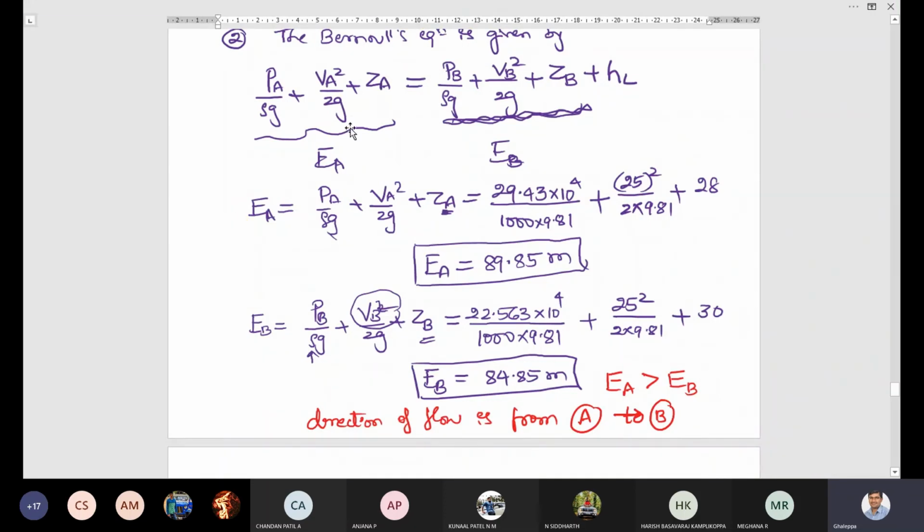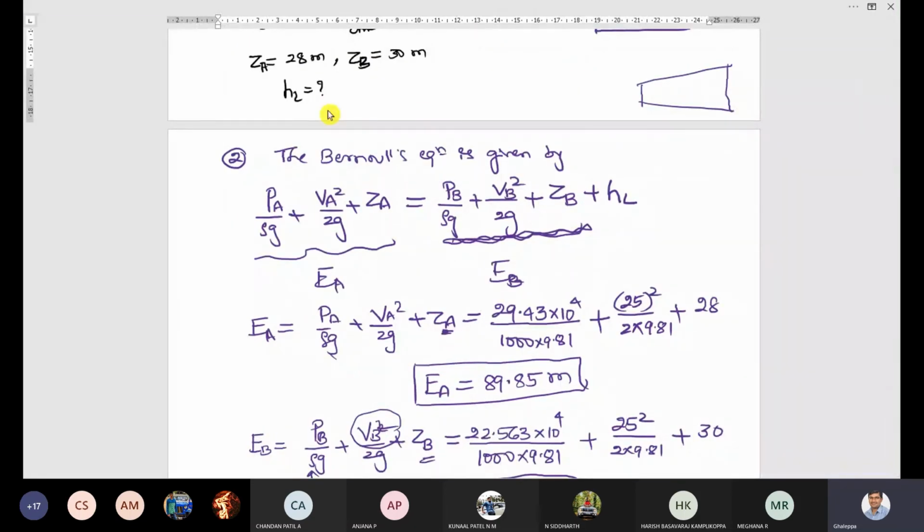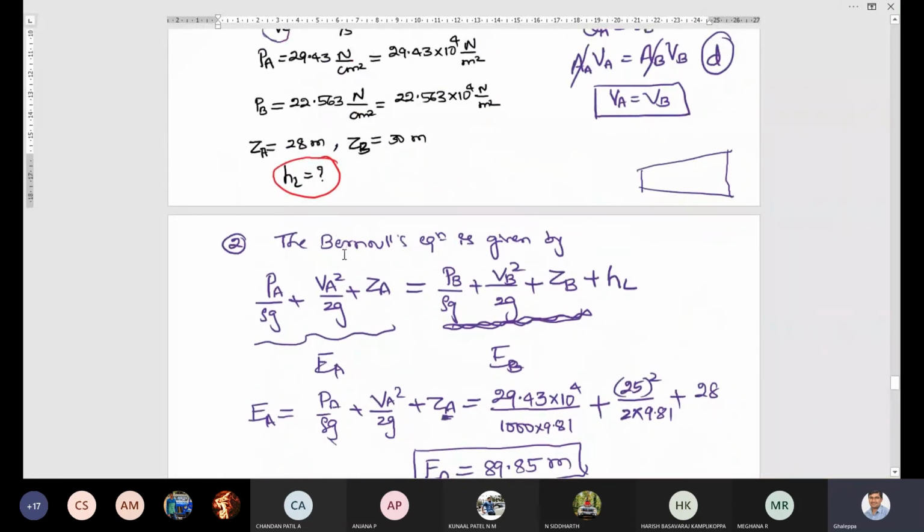Now what he has asked is head loss. This is the unknown term we need to find out. Dear students, EB is the energy at point B, and EA is the energy at point A, that is total energy. So HL is equal to energy at point A minus energy at point B. Energy means total energy, not only pressure energy or only velocity; it is the sum of pressure, velocity and potential respectively.